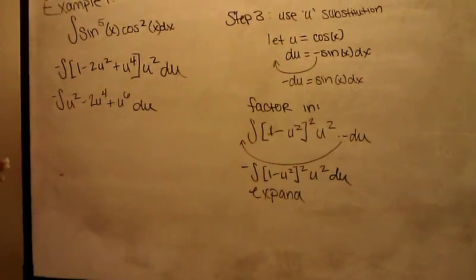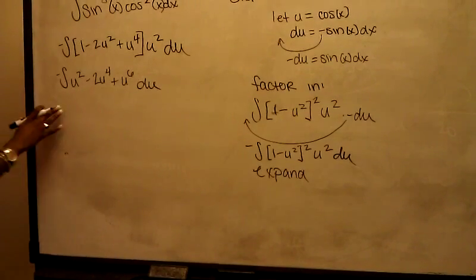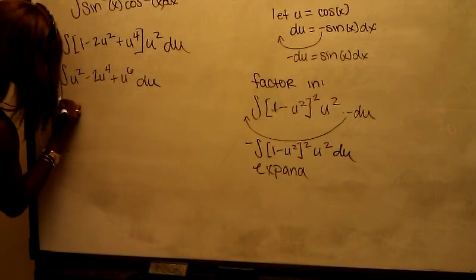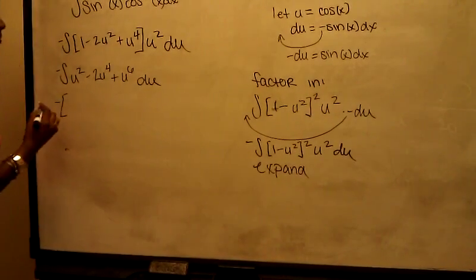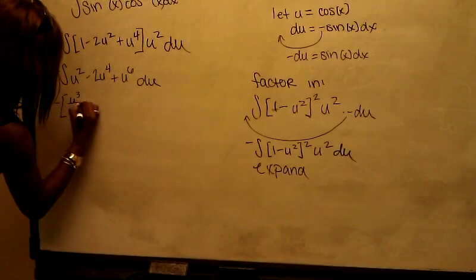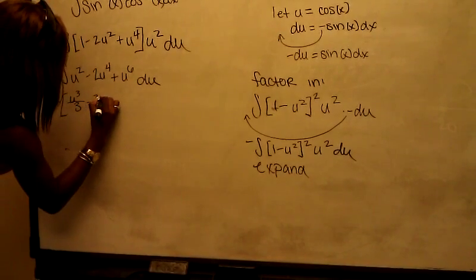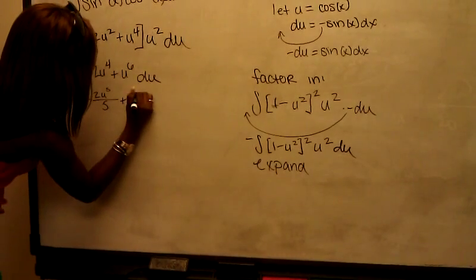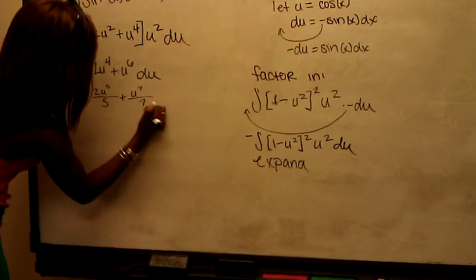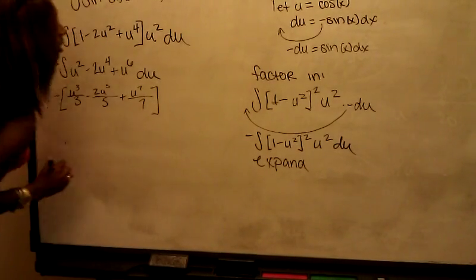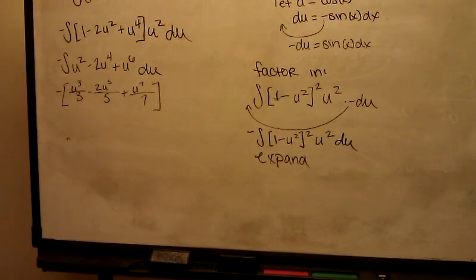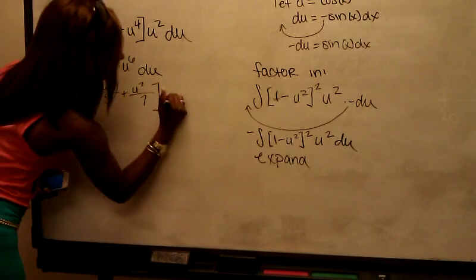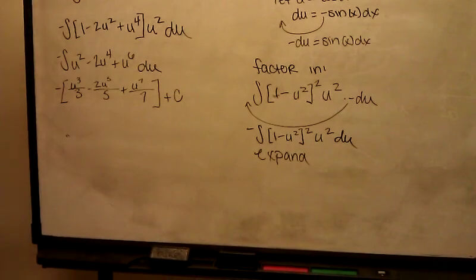And then we're going to use our basic knowledge of antiderivatives and find the integral of this. It's going to be negative times u cubed over 3 minus 2u to the 5th over 5 plus u to the 7th power over 7. And this is an indefinite integral, so we can't forget to add c on the back.